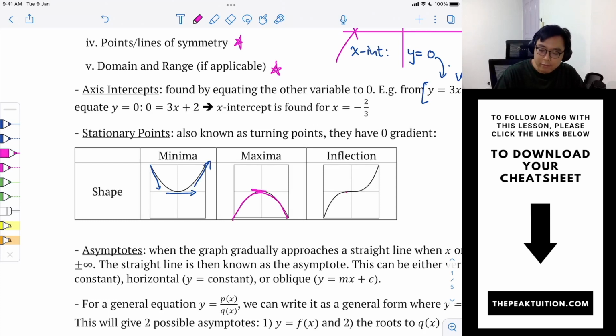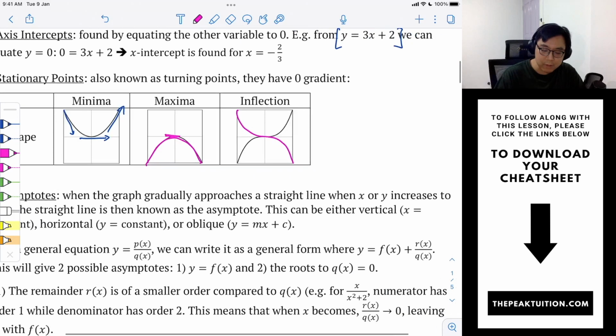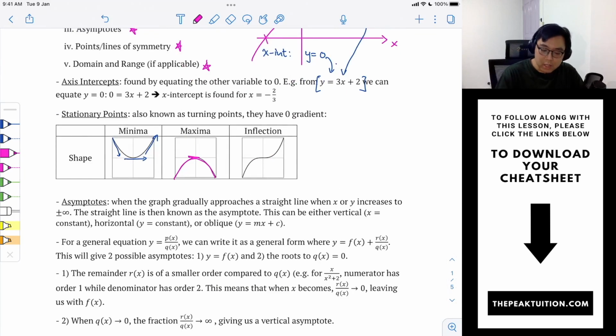And finally, an inflection point, where the gradient is going up, gradient is positive, becomes 0, then goes back to the same direction. There are actually two types of inflection point. There's one more inflection point that goes the other way around, which is going down, becomes 0, then goes back down. So it is important to mark out these points as well.